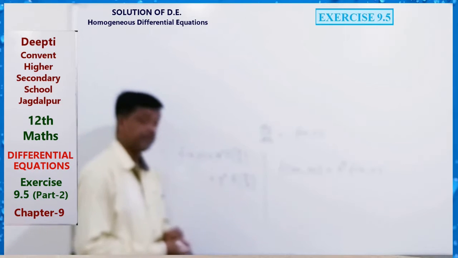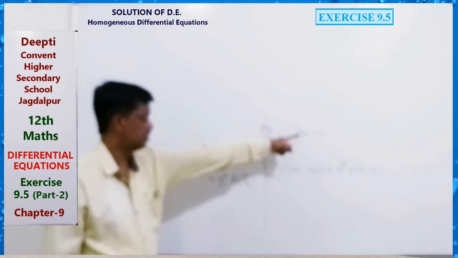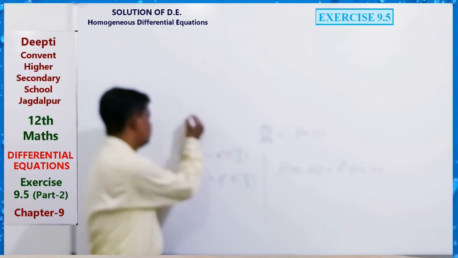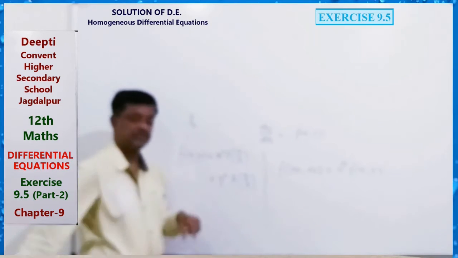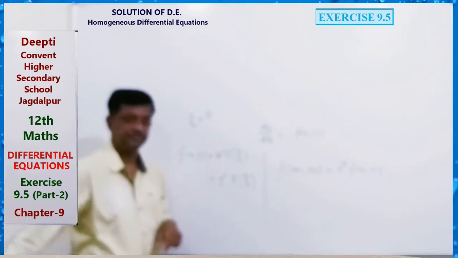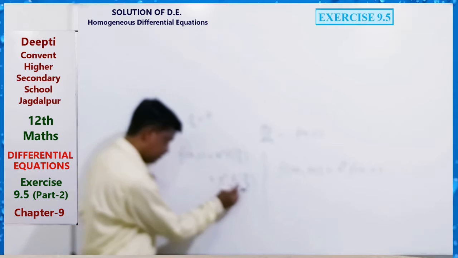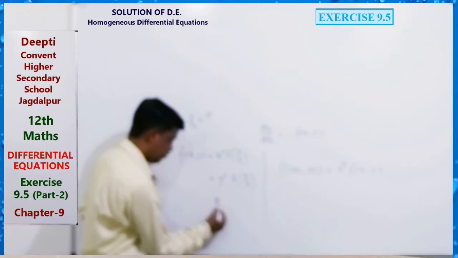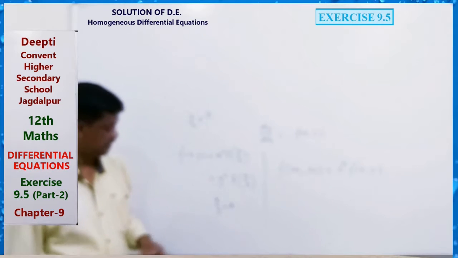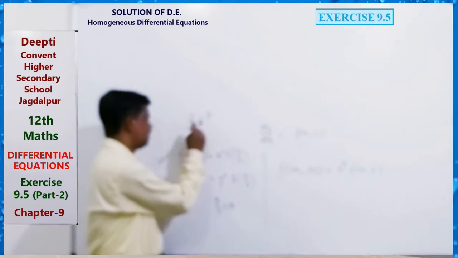If f(x, y) can be written as a combination of y by x, then we put y by x equals v. If the function can be written in terms of x by y, then we write similarly.